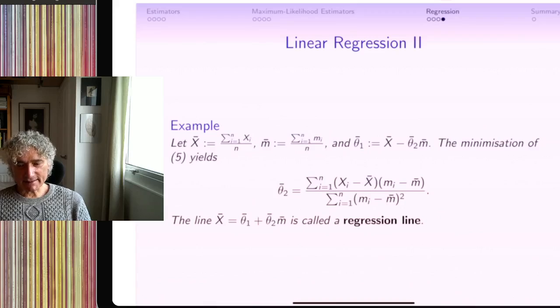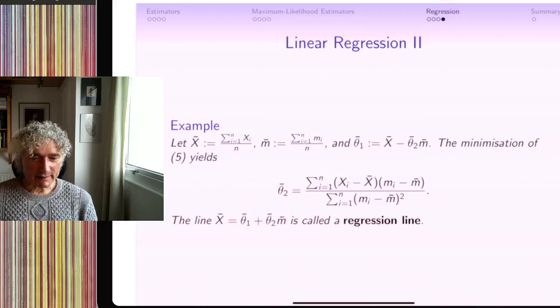The minimization then leads to the equation for theta 2, which is given by this expression. And now the line x bar is given by bar theta 1 plus bar theta 2 times bar m, and is called a regression line.